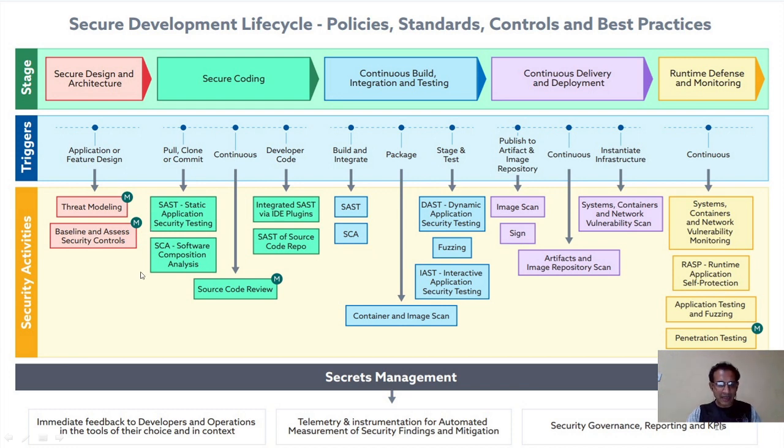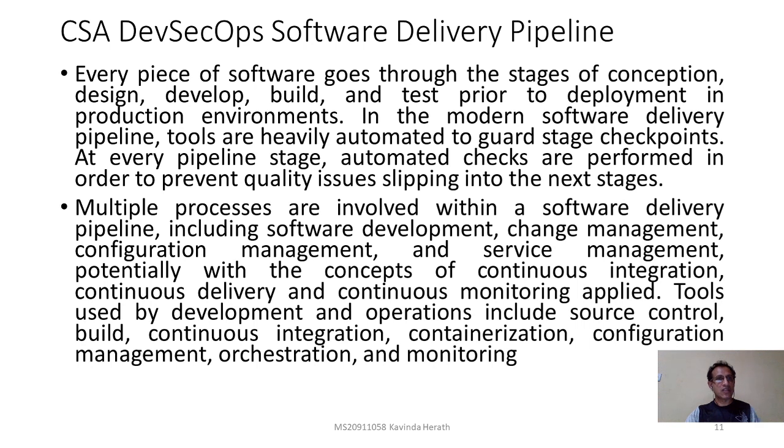So ultimately we can get the maximum benefits of this cycle and produce the product we expected, with agility, security and continuous monitoring capabilities. So DevOps, DevSecOps software delivery pipeline, is a procedure from beginning to end.